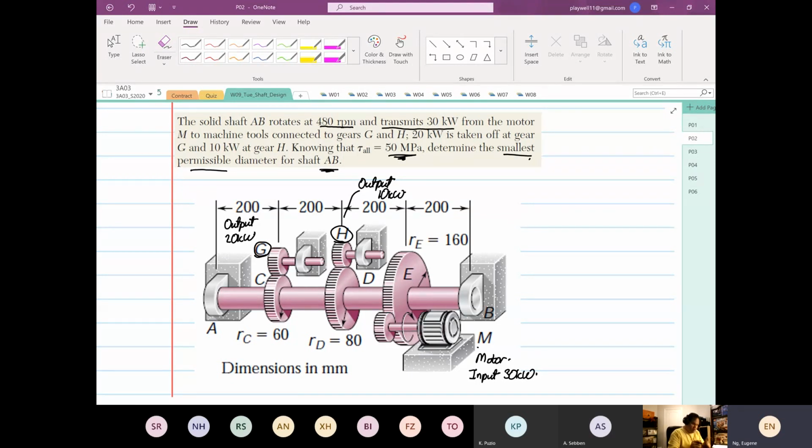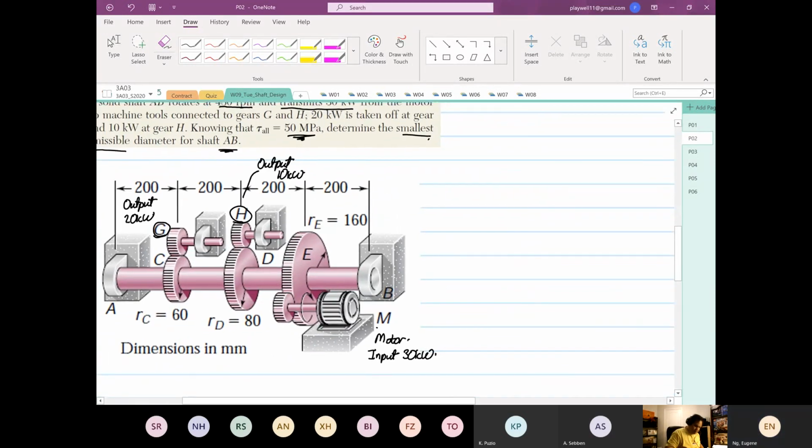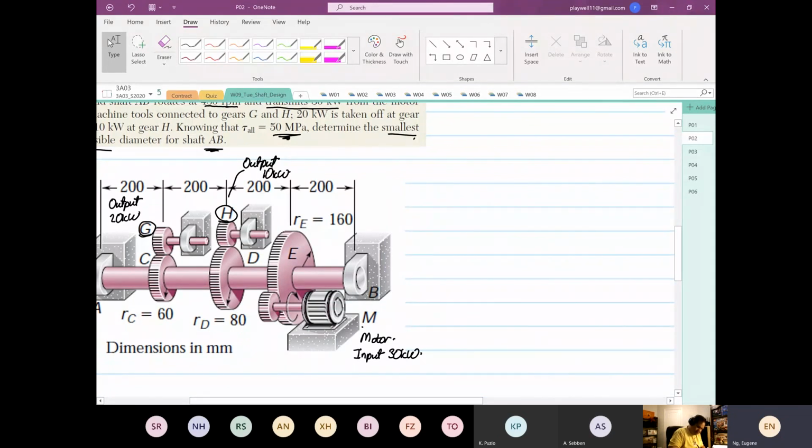The first thing we have to do is analyze the direction of the forces. Most important: if your forces are wrong, everything is wrong.